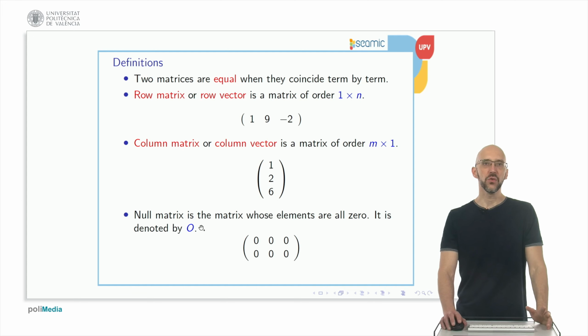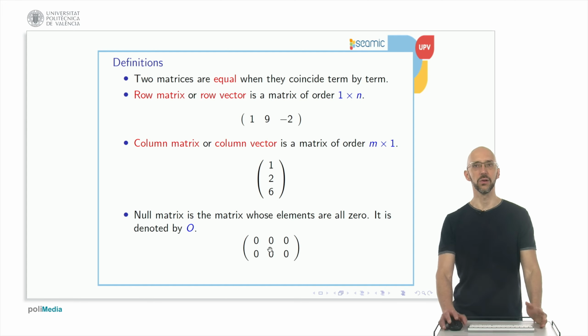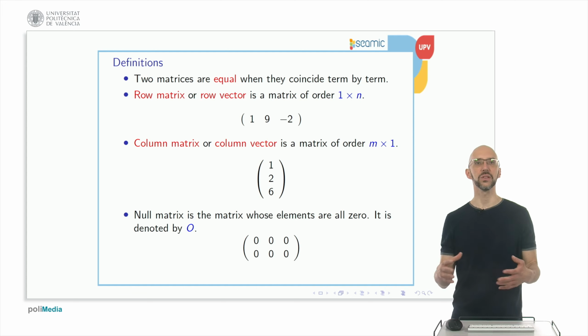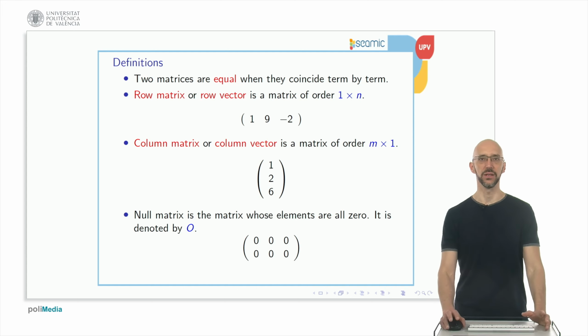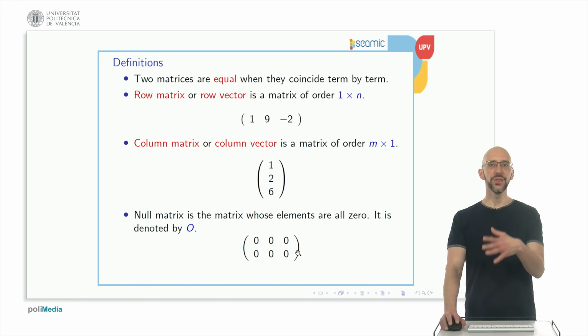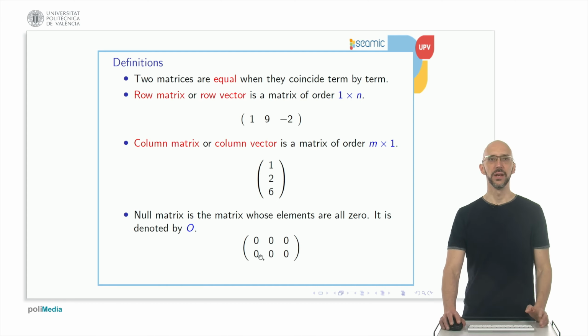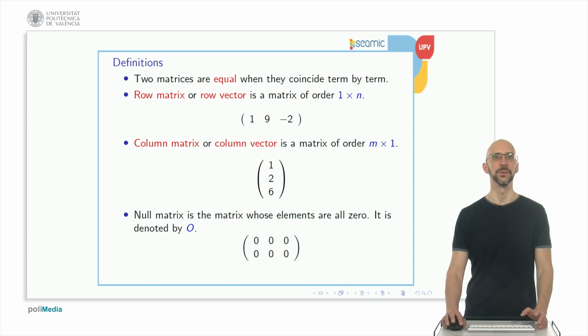The null matrix is the matrix whose elements are all zeros. Be careful, because in this case I have a matrix with 2 rows, 3 columns, but a null matrix could be of any shape. Don't think that the null matrix has exactly this dimension. It's just an example. The key point of a null matrix is that all the elements are 0.